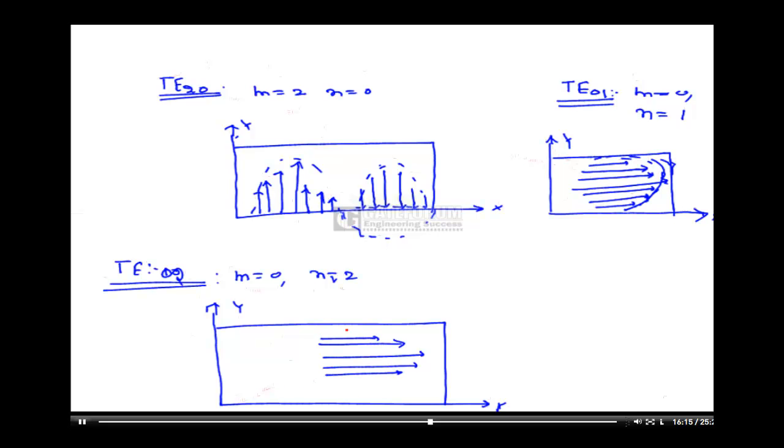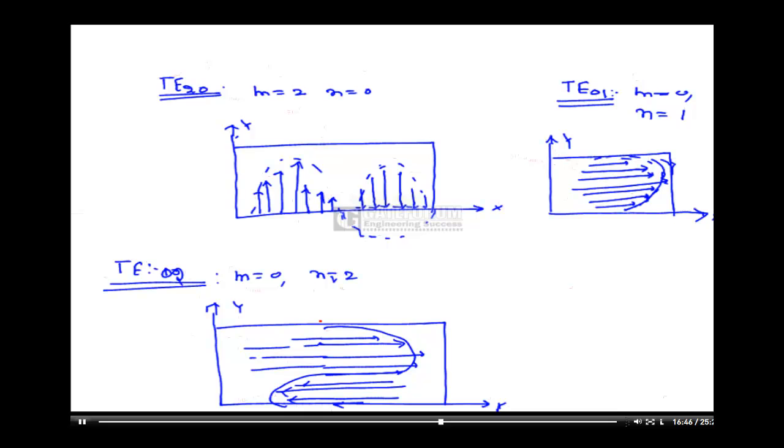Another change is like this, opposite to the previous one. If you represent completely, you can also represent this with full lines. So one is this direction, one is this direction. This is TE02. So along x-axis there is no change. That's why m is equal to 0 here. So this representation is TE02.